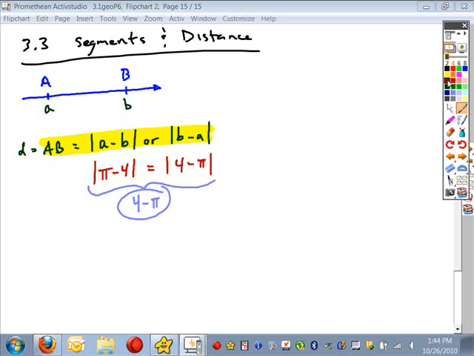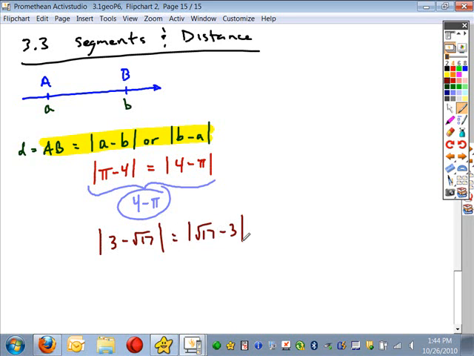The same is going to hold true with radicals. So if I gave you something like this and said express the absolute value of 3 minus root 17 without using the absolute value symbol, what you need to do is be able to identify that this could go either of these ways.